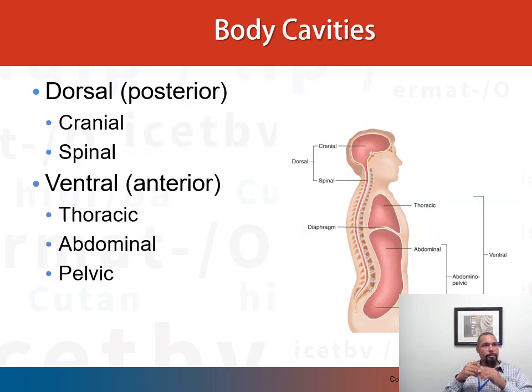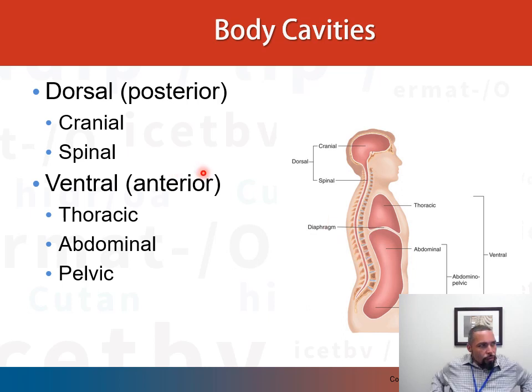Body cavities: you have your anterior, meaning on the front, and your posterior, meaning from the back. You have your dorsal cavities, which consist of your cranial cavity right here and your spinal cavity right here.